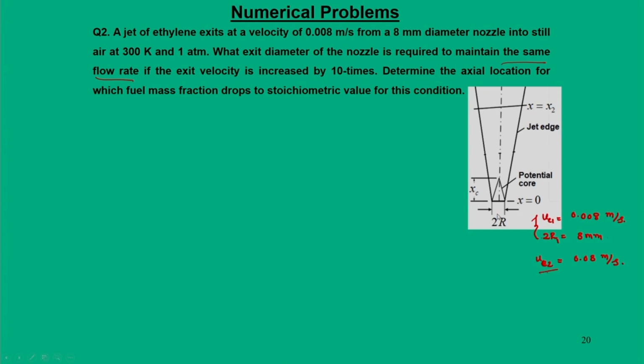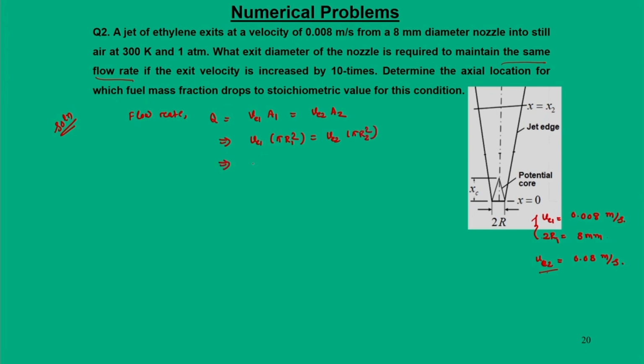So, for that what remains the same is the volume flow rate Q. So, we can say Q remains the same, that is VE1 into A1 is equal to VE2 into A2. From this expression we get VE1 into pi R1 square is equal to VE2 into pi R2 square.